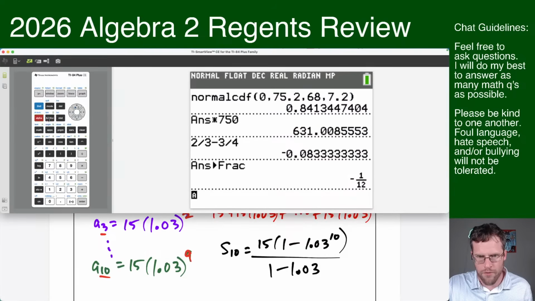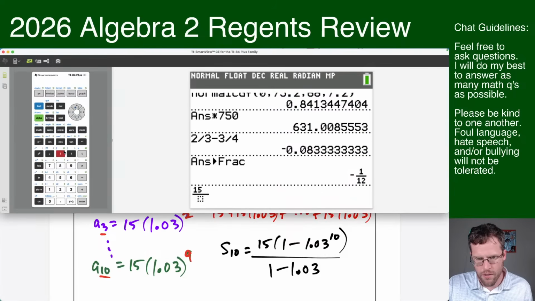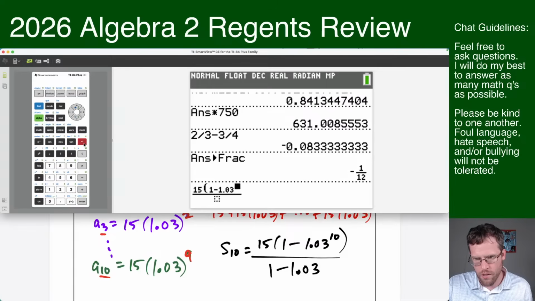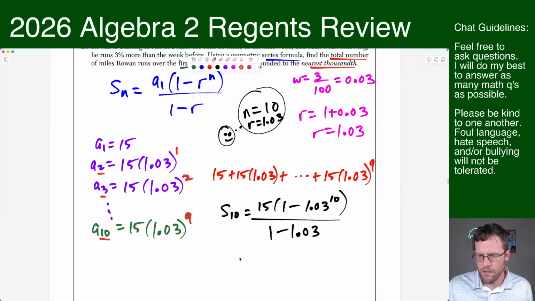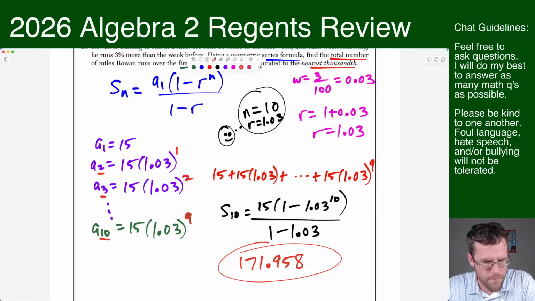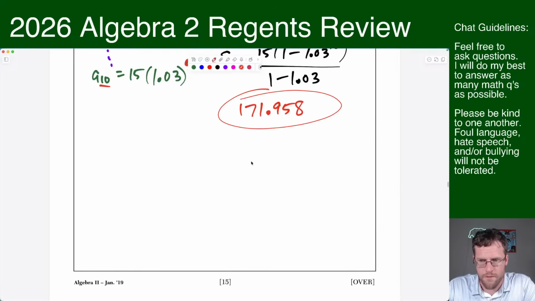All right, so alpha y equals enter, or just alpha x. And we get 15 times 1 minus 1.03 to the power 10, and then 1 minus 1.03. And we get 171.958. Okay, so 171.958. All right. Cool. So that's question 29.